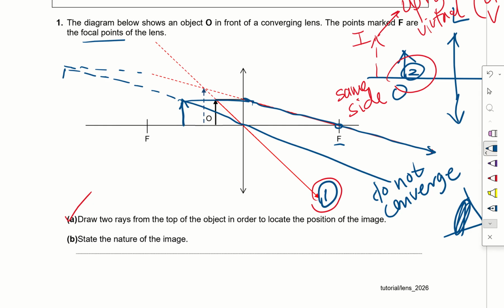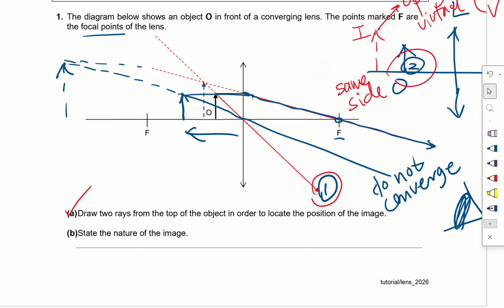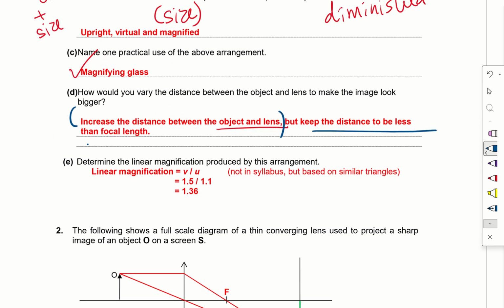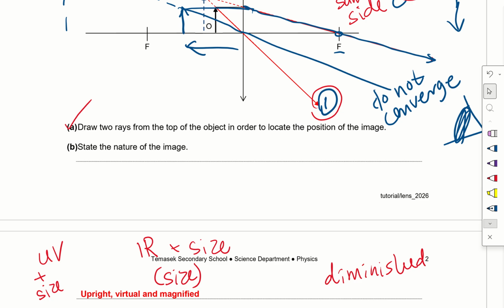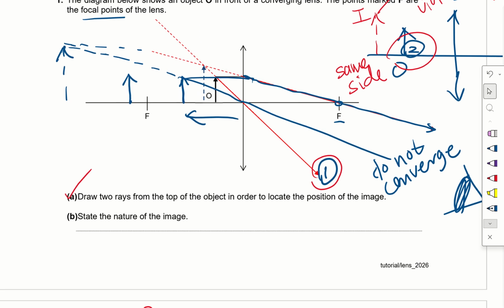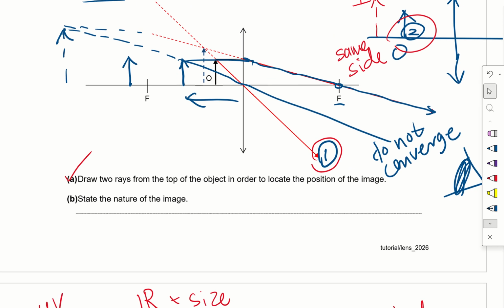So the image is going to be larger if I increase the distance of the object from the lens. However, for the second part, you need to write this down: keep the distance to be less than focal length, because once you have the object greater than focal length, the image will be on the other side and you wouldn't get the same upright and virtual image as what the question wants.